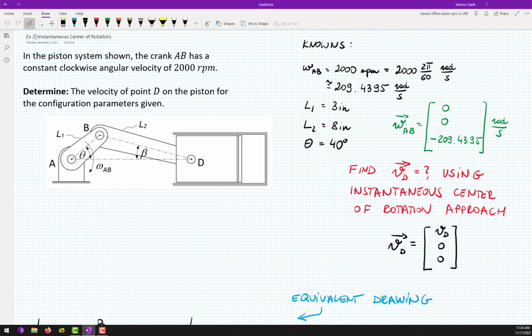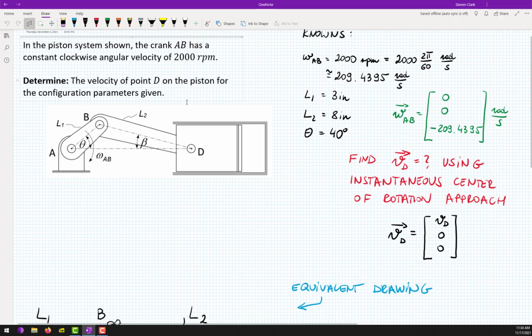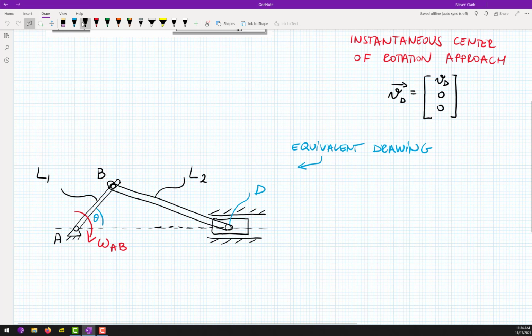Even though we had that problem on Friday, I will just spend 20 seconds on explaining what we have here. We have three bodies: bar AB, bar BD, and this collar D. And that collar is constrained.